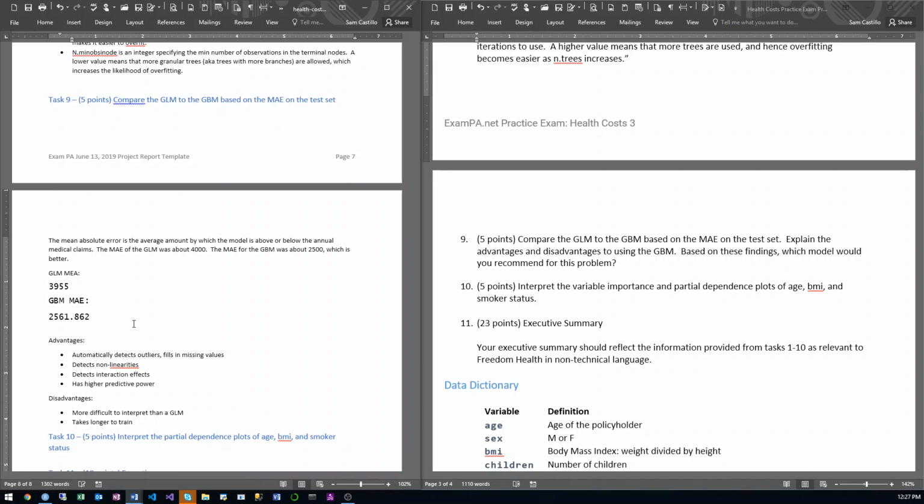It takes longer to train, is more challenging to deploy than a GLM, which can be written out. It can just be converted into a spreadsheet.